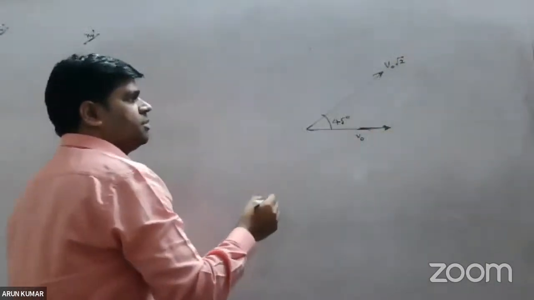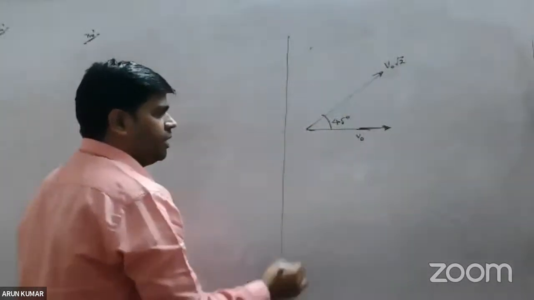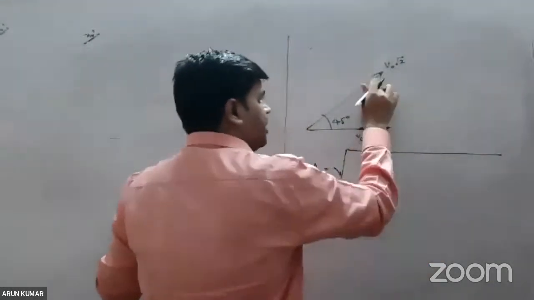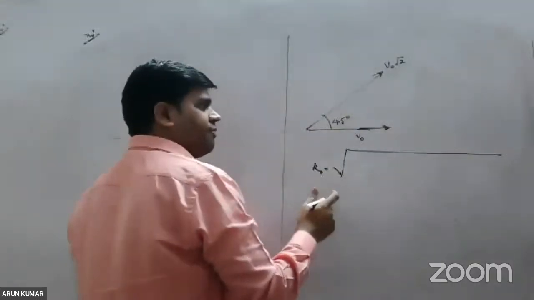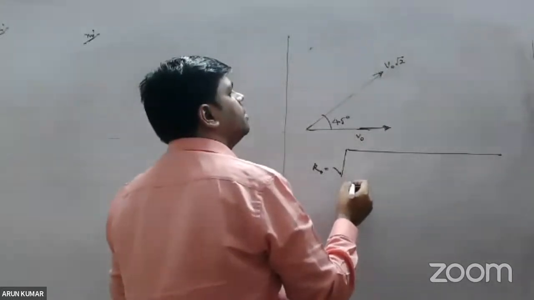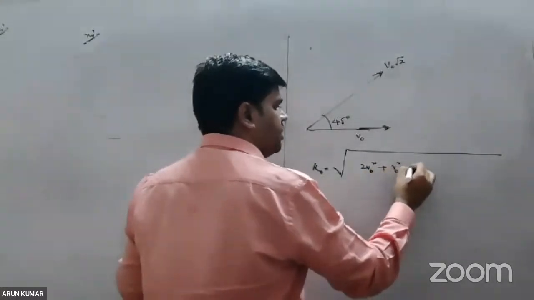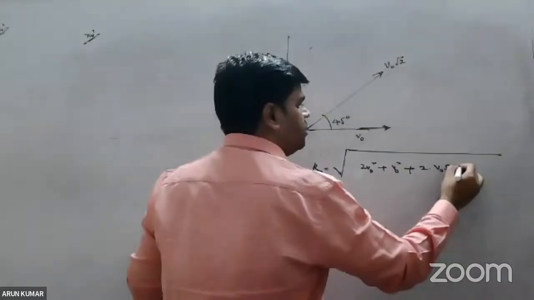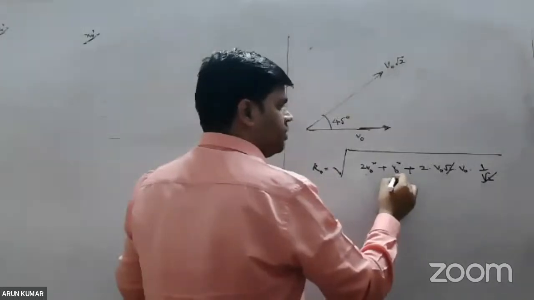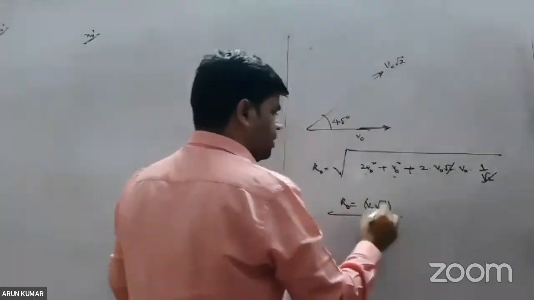So how do I add these? I want the resultant, since adding is nothing but the resultant. One way of doing it: R is equal to root of a square plus b square plus 2ab cos 45. So 2 V naught square plus V naught square plus 2 into V naught root 2 into V naught into cos 45. Root 2 gets cancelled out. So 2 V naught square, 3 V naught square, 4, 5. So V naught root 5 is the length of the resultant.